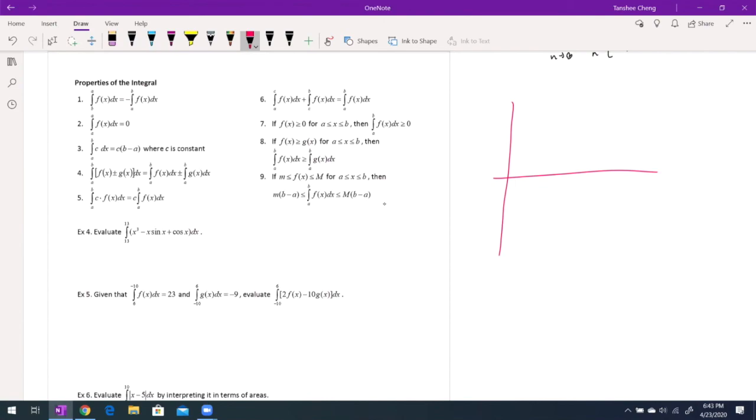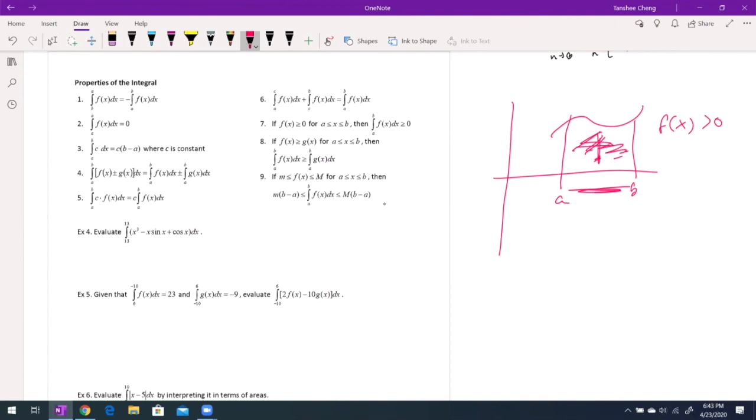In 4.1 and the homework that you did, most functions were given to you with an interval above the x-axis. So if the function value is greater than 0 within this interval, your area under the curve will also be positive. Does that make sense?